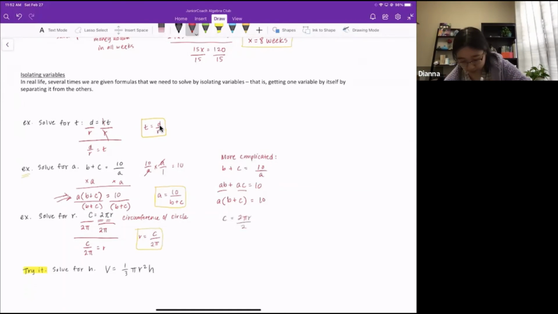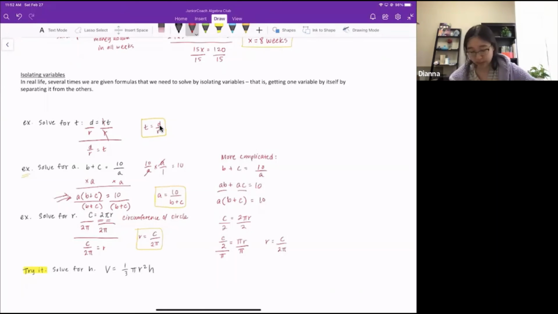I could divide both sides by 2, if I was really scared of making a mistake, right? C over 2 equals pi r. Okay, well, I still need to get r by itself. Then I would need to divide by pi. So r equals c over 2 pi. It's the same exact answer. I just did it in two division steps instead of just one.